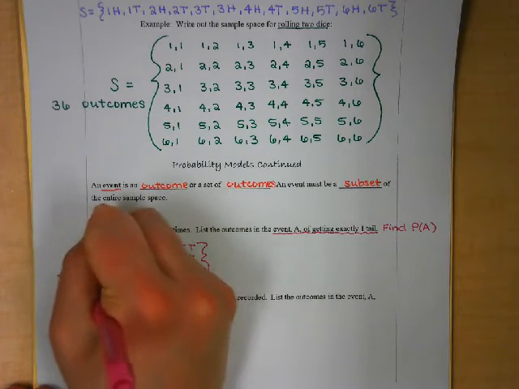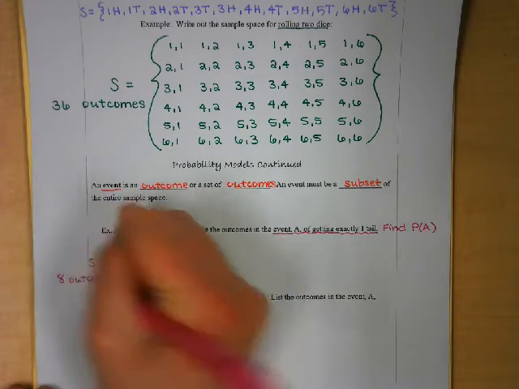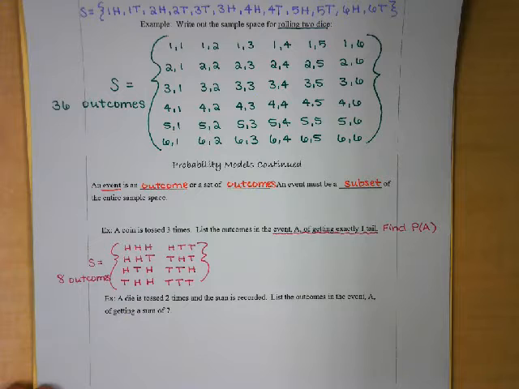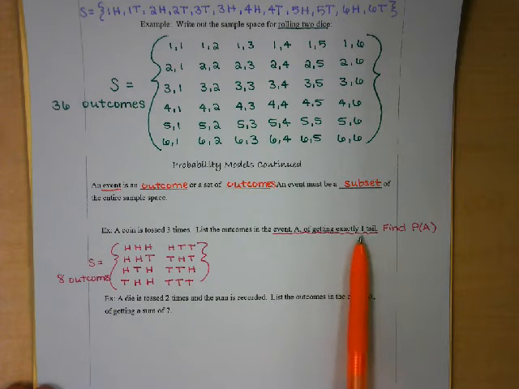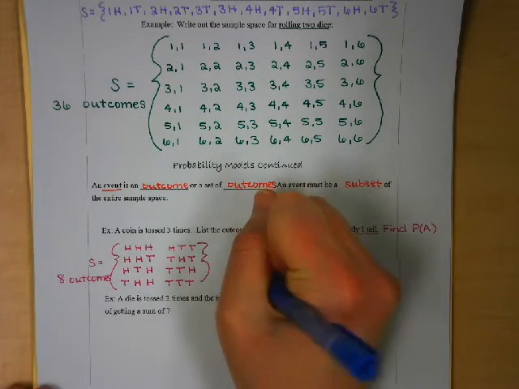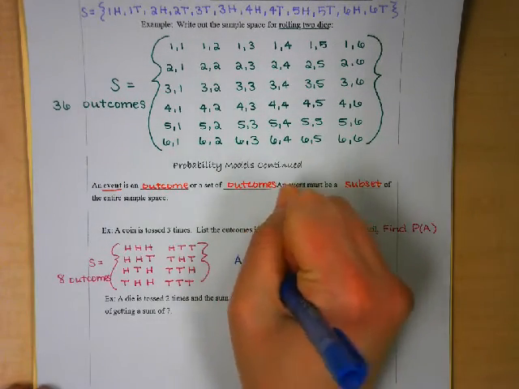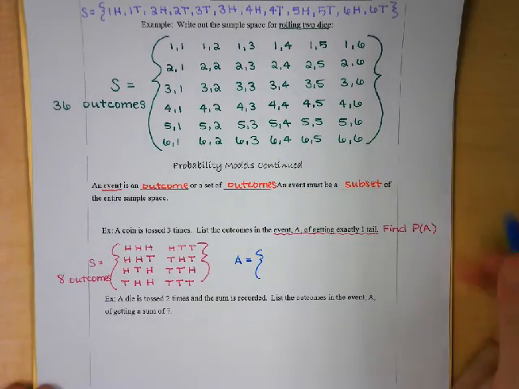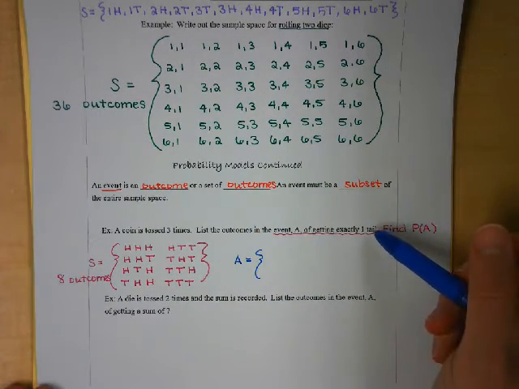And we are interested in event A, and that is getting exactly one tail. So the first thing it asks us to do is to list the outcomes in event A. So we're gonna write down the possible ways event A happens. That's one tail.